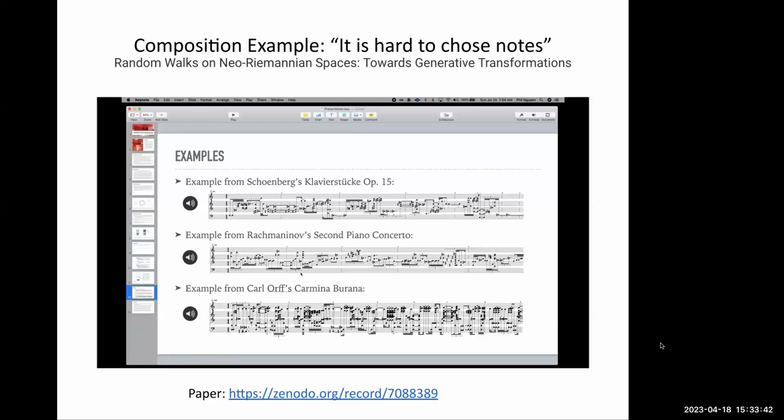So here are examples of such random walks on neo-Riemannian learned spaces. Here's an example from Schoenberg.